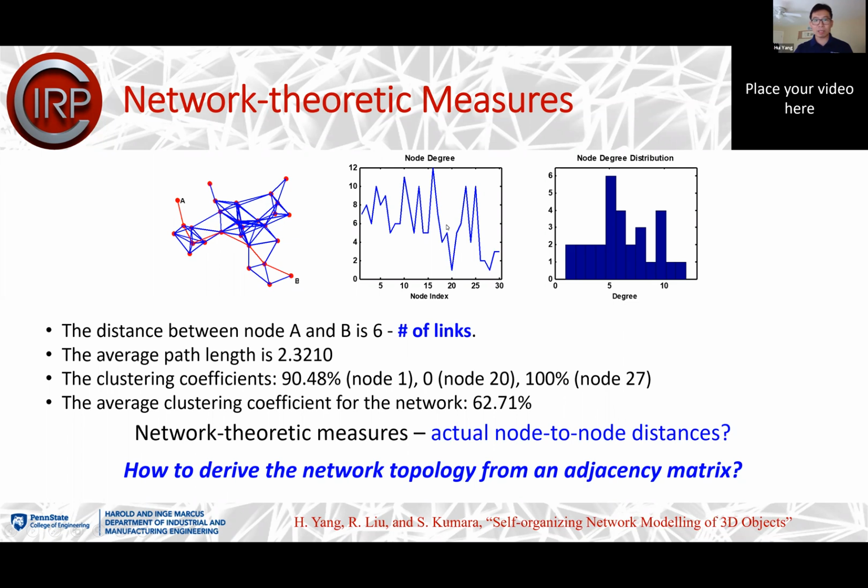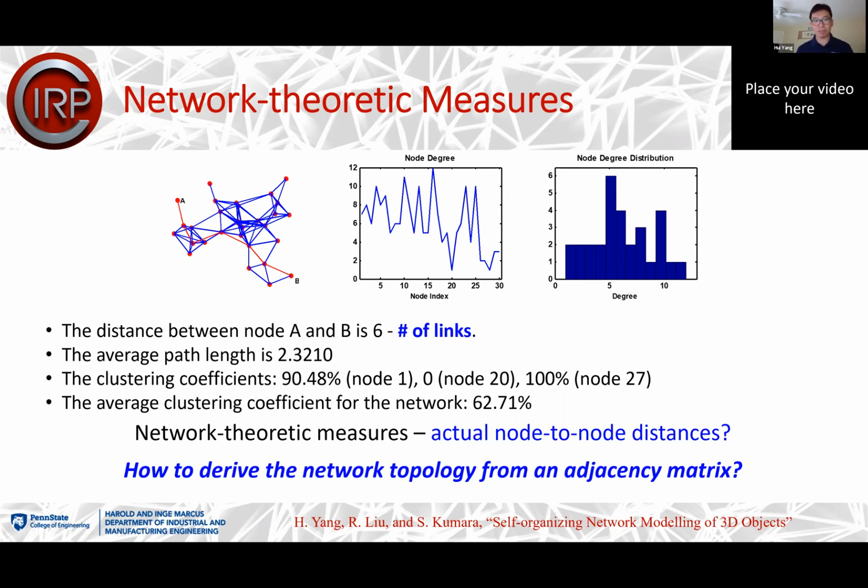For each node, you count how many of them are connected to this node. Here we have about 30 nodes. So for each node, we check how many of them are connected to this node. The clustering coefficient, for example, for node 1, is 94.48%. This is very big.